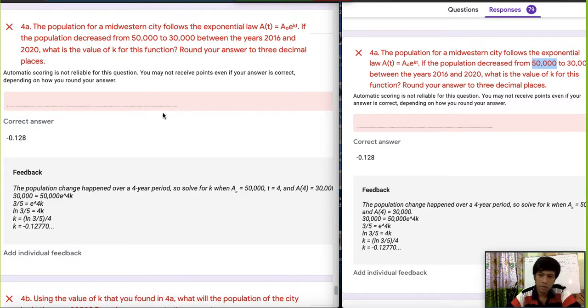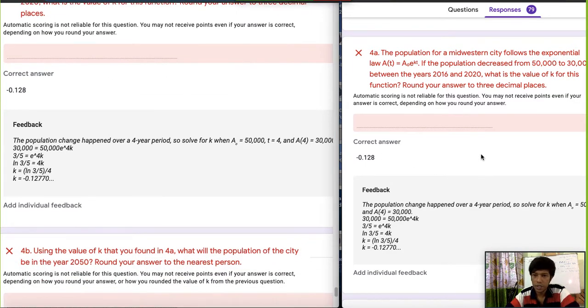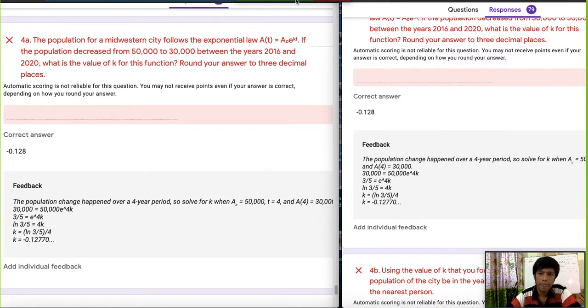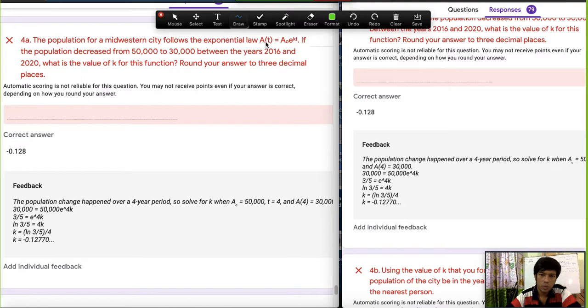We can do it here also so that this side is clean. So let's do it on this side. The final amount is 30,000 in this question. Initial amount was 50,000.